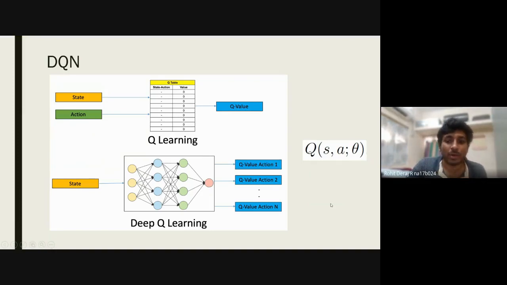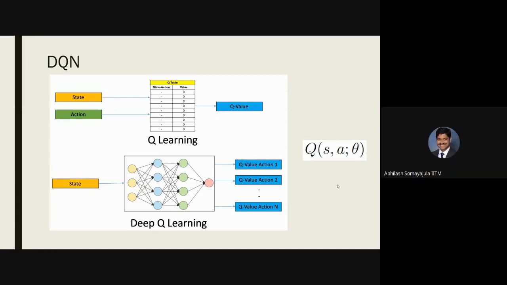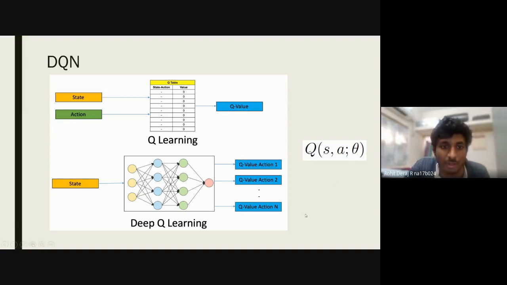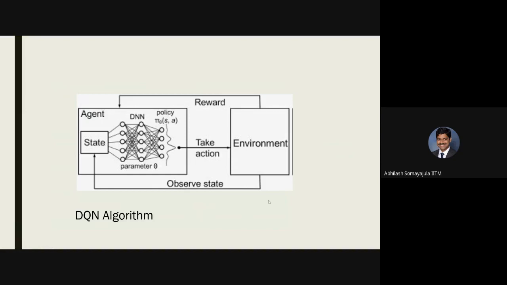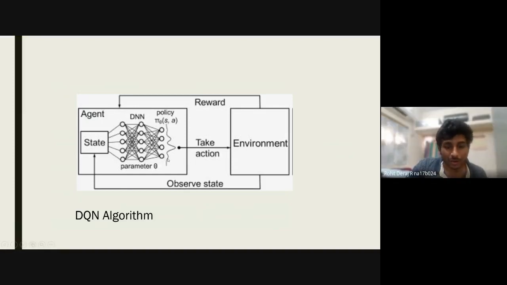The aim is to now get the optimal theta value for which the Q values have converged. So what does theta actually mean in this network? The weights and the biases of the network. All right. So yes, this is the algorithm.